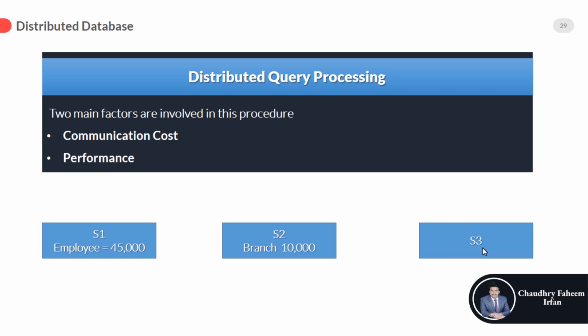The employees table is 45,000 bytes of data, and the branch table contains 10,000 bytes of data. So I repeat once again, communication cost and performance matter in any system.